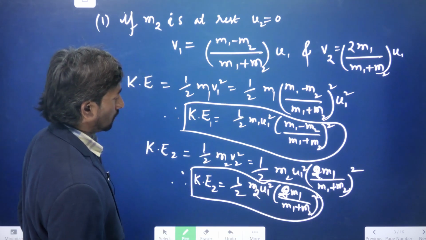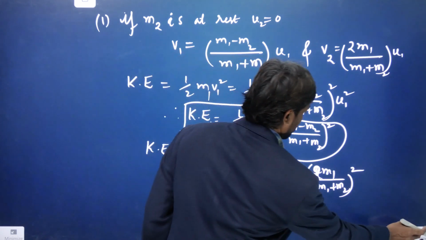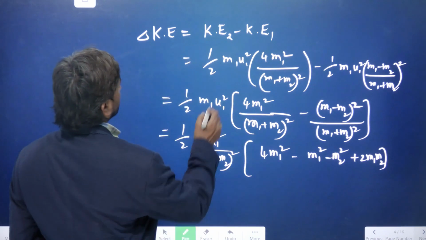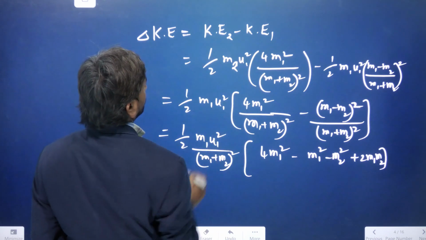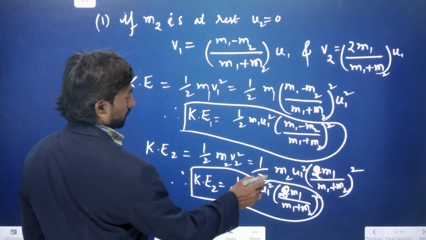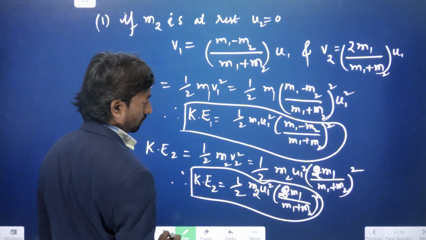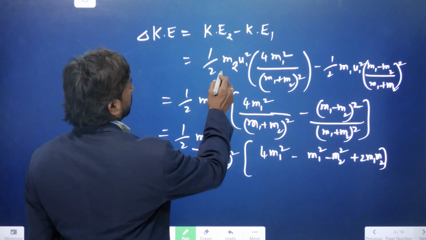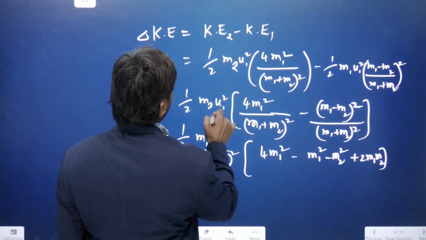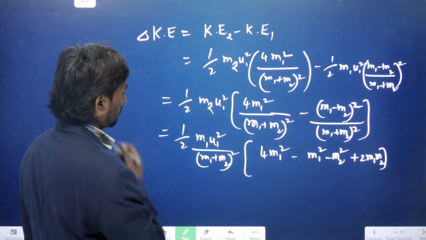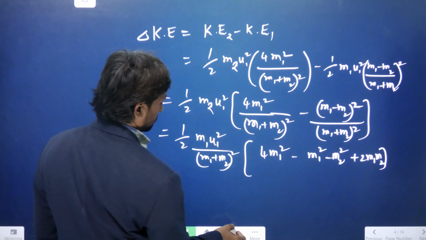So now in this second equation we will get m2 u1 square. Here we got the same m2 u1 square, so here also it will be m2. So then we can take it from here. We cannot take m1 common here, so this equation I will write once again.